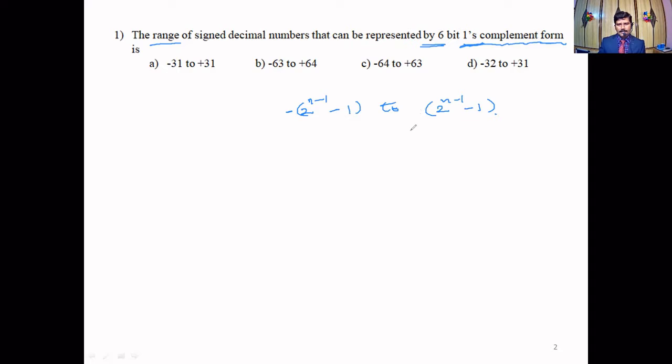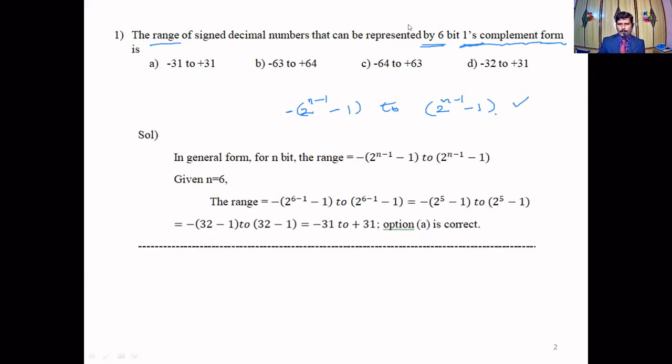So for sign magnitude and ones complement, this is the formula to calculate the range. Check out here, this is the formula, and if you substitute n equal to 6, then you will get directly minus 31 to plus 31. So option A is correct.